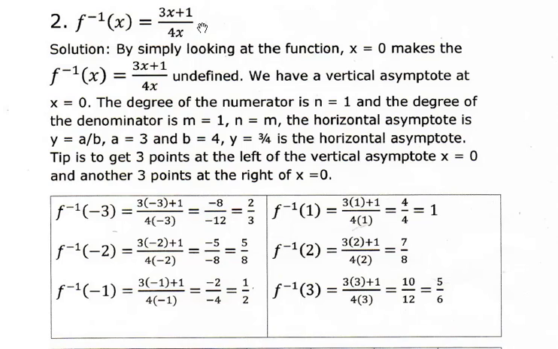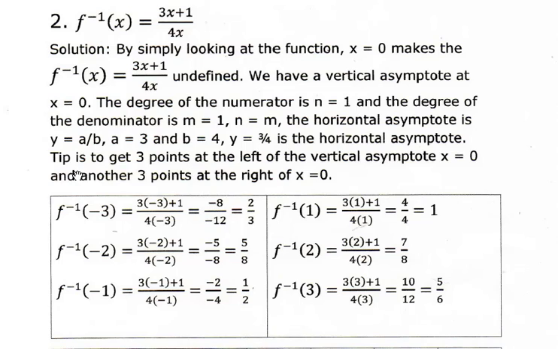Going back to the given function, a here is the leading coefficient of the numerator, so it's 3. And then the leading coefficient of the denominator is 4. So y equals 3/4 is the horizontal asymptote of the given inverse function.